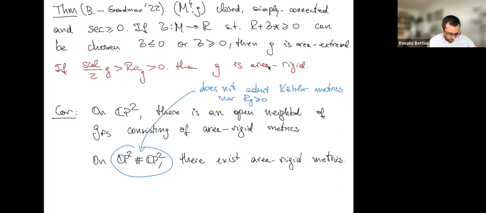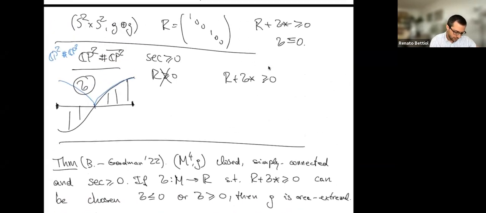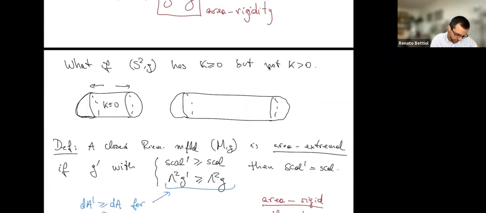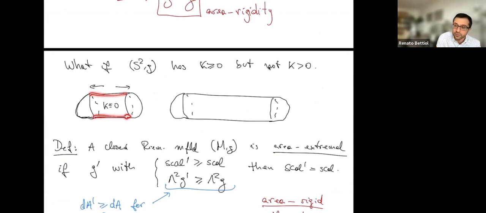I'll maybe just point out one thing. Conceptually, these metrics with non-negative sectional curvature built by Cheeger look kind of like the pictures I had on the sphere before. They have some kind of neck region where everything looks like a product. But for the same reason as here, if this neck had anything with positive length, you could play this kind of game of enlarging it, so you wouldn't be able to get rigidity. The metrics that I'm talking about are such that this is infinitesimally thin.